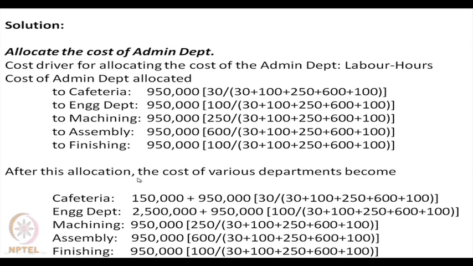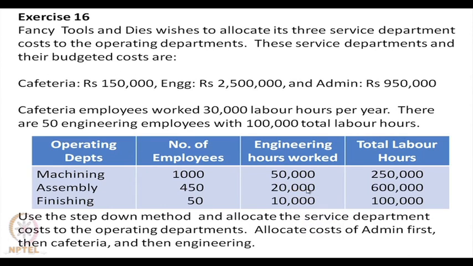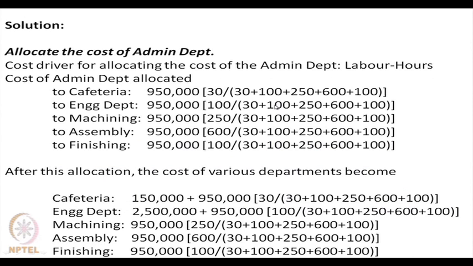After this allocation, the costs of various departments become their own cost, whatever it was existing, plus this amount allocated from the administrative department. For cafeteria it was 150,000, for engineering it was 2,500,000.